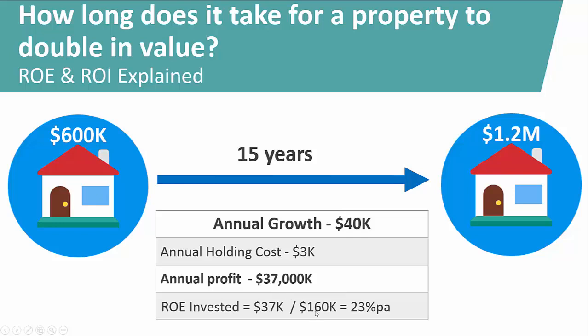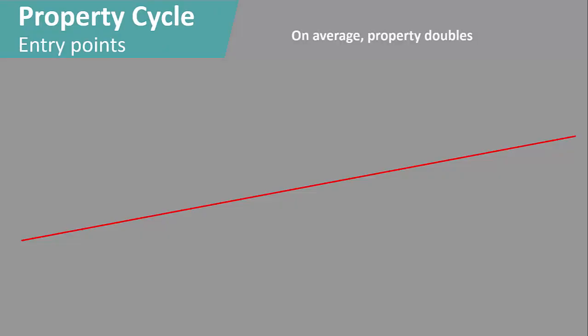Now it's making more annual profit, and therefore the return on equity figure has gone up. So there's all different things. We don't have to be using a $600,000 property, and it doesn't have to be costing $10,000 a year. There's all different price points of property types, and all different variants on how much impact it's going to have on our weekly cash flow.